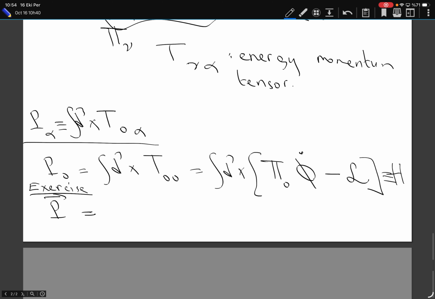So if you calculate the other components, you will see that the space components will just give you the sum or integral over all momenta k of ak dagger ak for the real scalar or the complex scalar. For the real scalar field, this will be the momentum, plus maybe some constant.